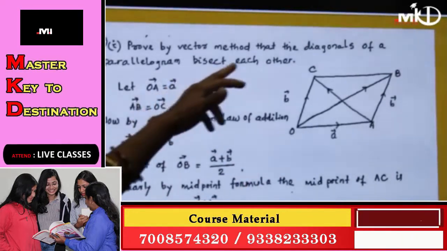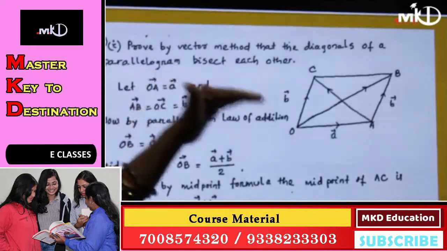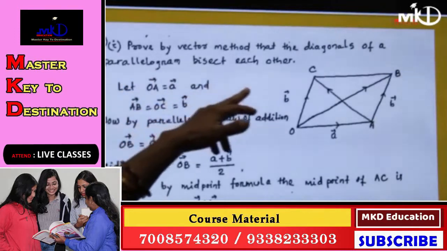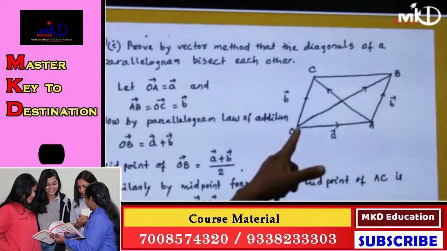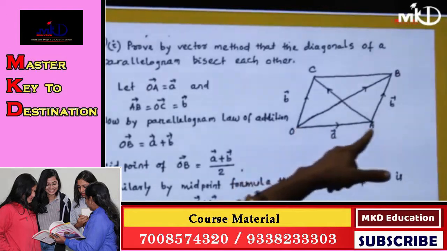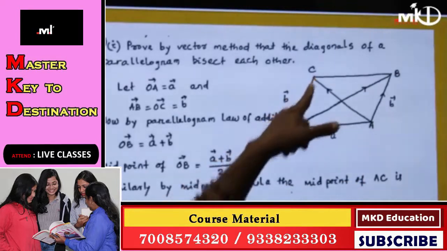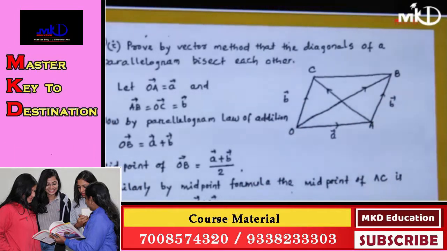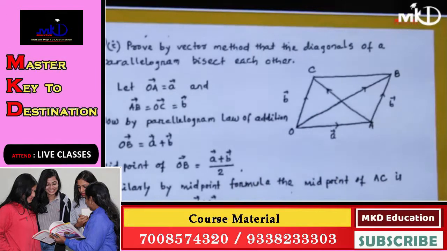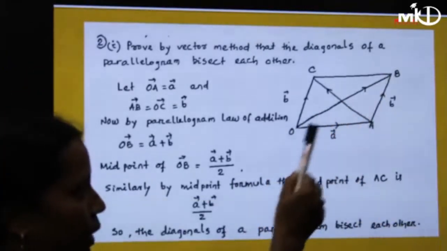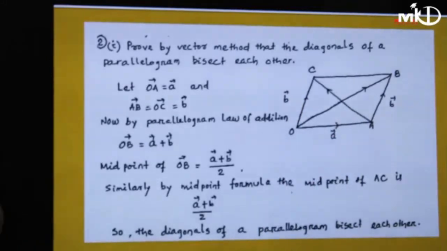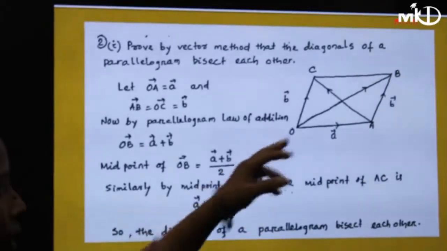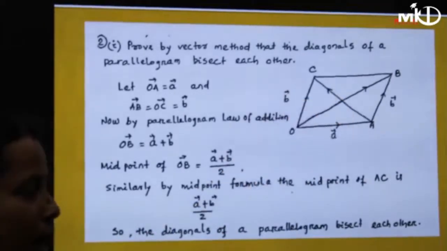Now we prove it using vectors. Suppose the position vector OA is a bar, and OC equal to AB vector is b bar. Now OABC is a parallelogram, and OB and AC are its two diagonals. We have to prove the diagonals bisect each other.